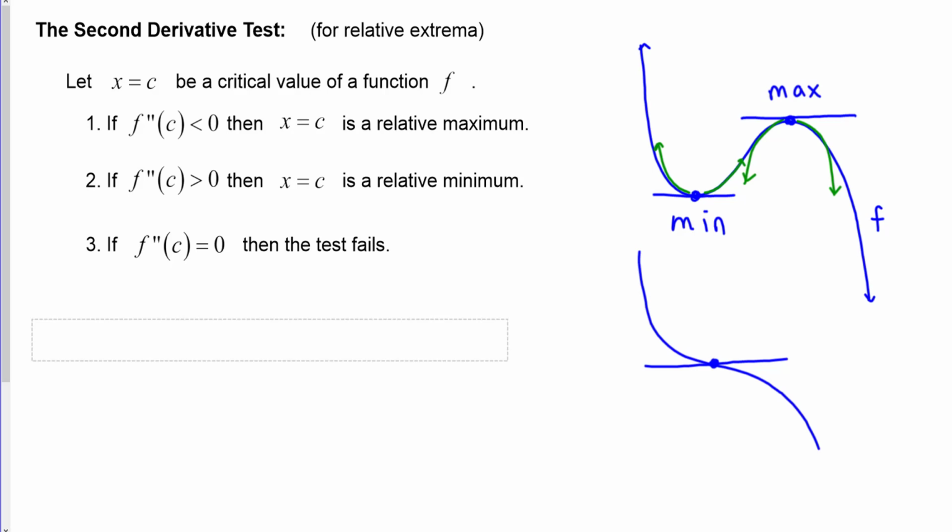That's a problem for the second derivative test because it can't tell if that's supposed to be a minimum, a maximum, or neither. It just doesn't have enough information, because the concavity is just too flat around that point. But you can always revert back to the first derivative test to find out what's happening there.